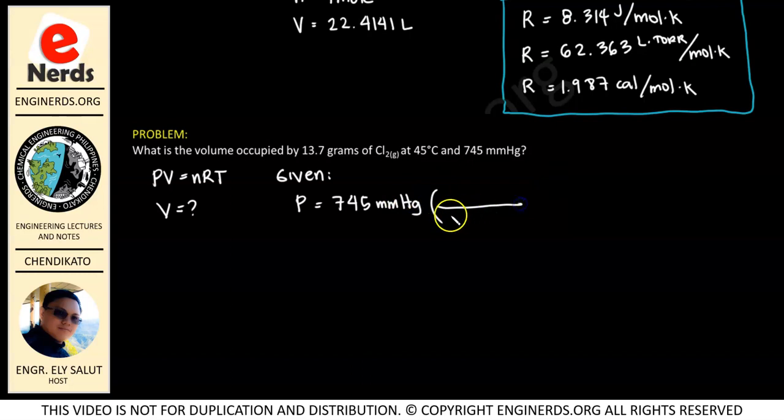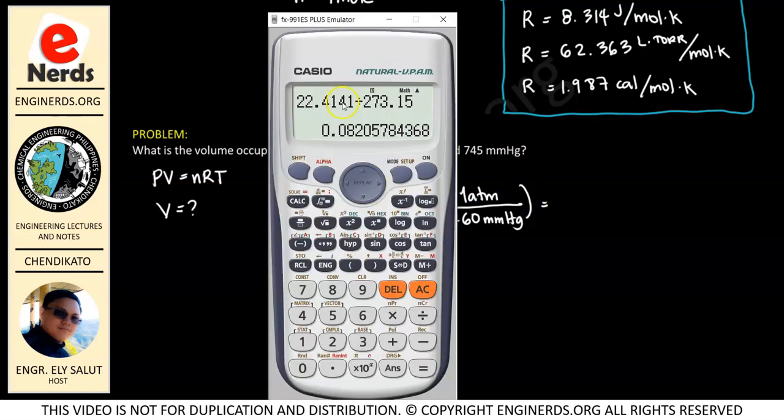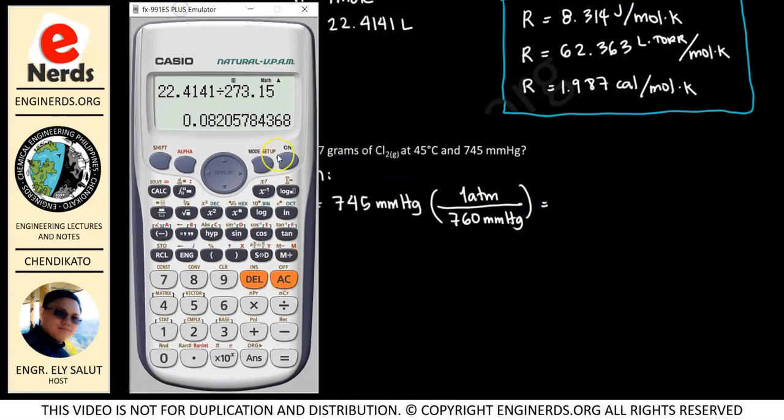So, we have 760 millimeter mercury for every 1 atmosphere. Okay? So, that means this is equal to, right, we have 745 divided by 760. So, we have 0.98 atmosphere.